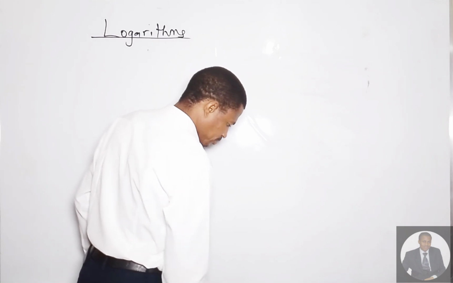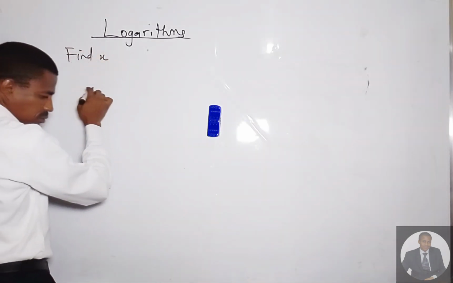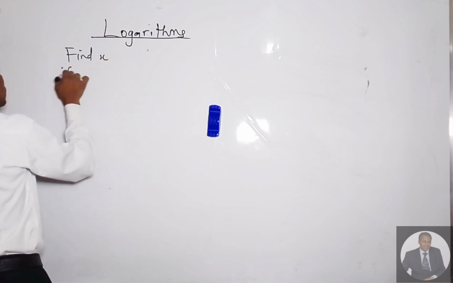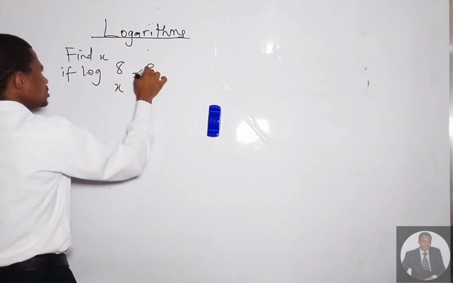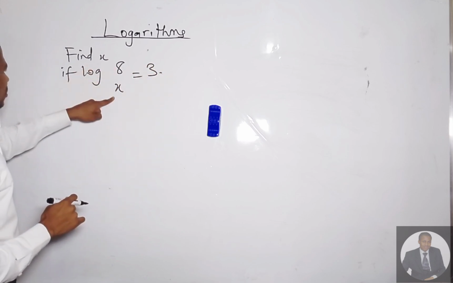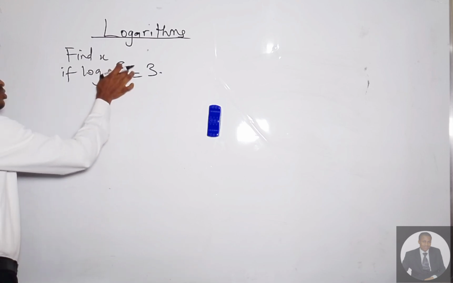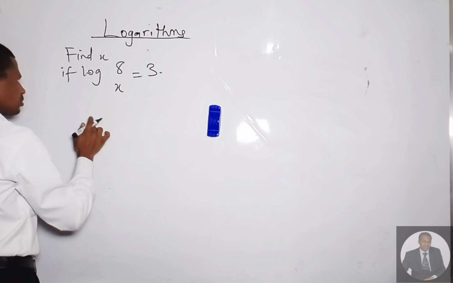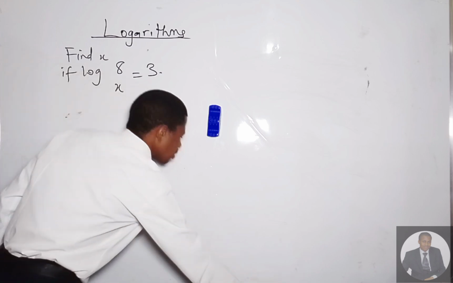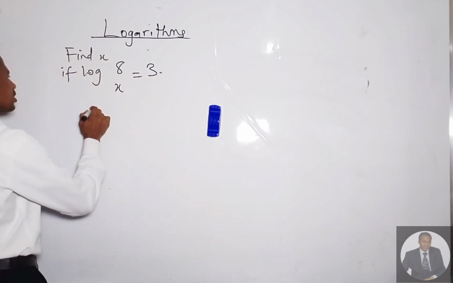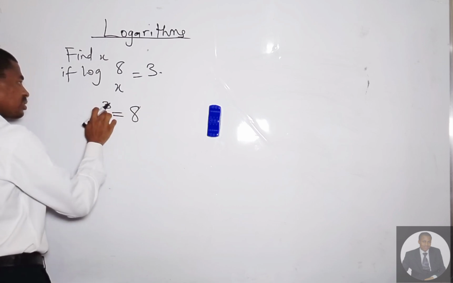Let's look at some questions. Find x if log 8 to the base of x is 3. What are we talking about? It says log 8 to the base of x gives 3. So this is simply telling us that x to the power of 3 is 8.